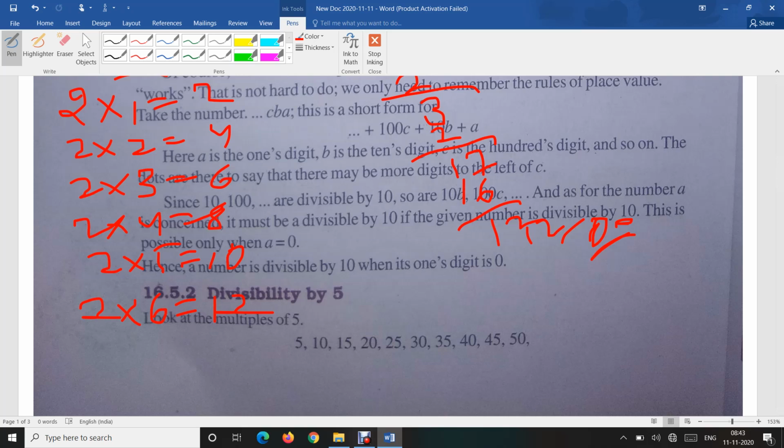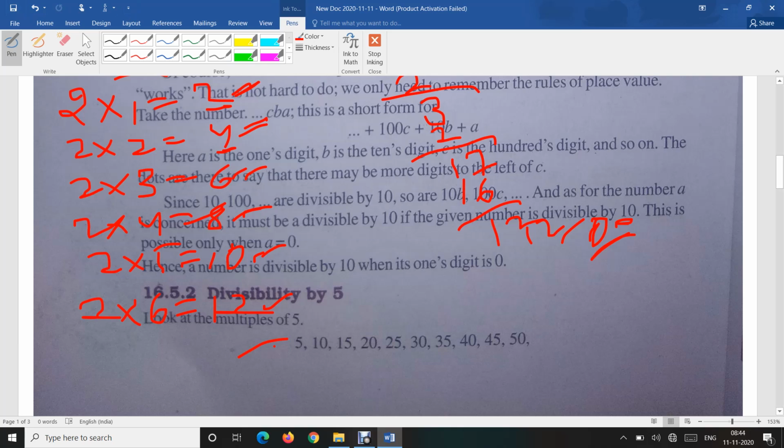Now there is one thing you have to notice: the unit place is 2, 4, 6, 8 or 0 everywhere, and then again it starts from 2, 4, 6, 8, 0. These are the digits. If these digits are at the unit place of any number, then this number must be divisible by 2. So this was the divisibility by 2.